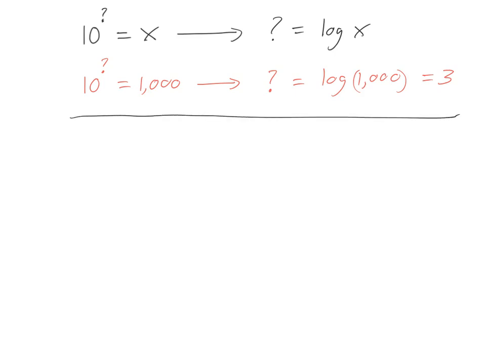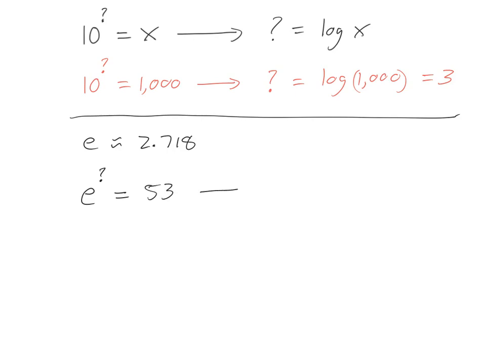But we don't always have to work with powers of 10. For example, recall that the number e is defined to be approximately equal to 2.718. And then we can ask a question, e raised to what power would give us, for example, the number 53?